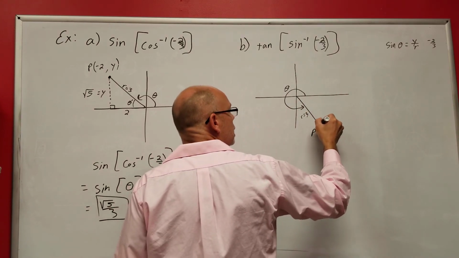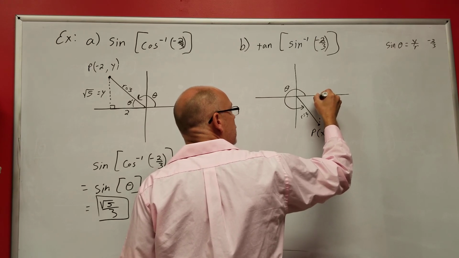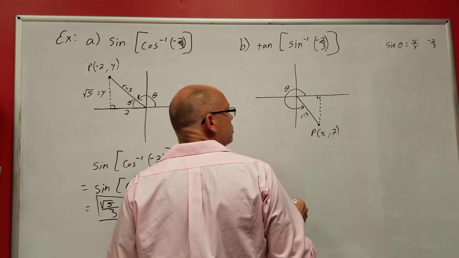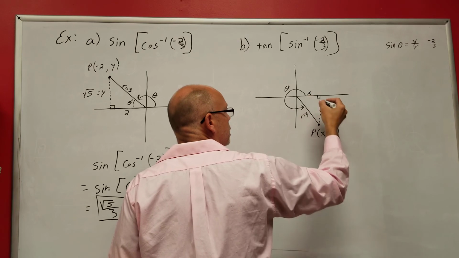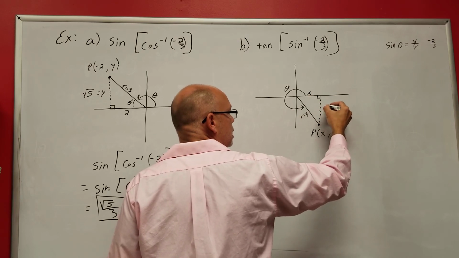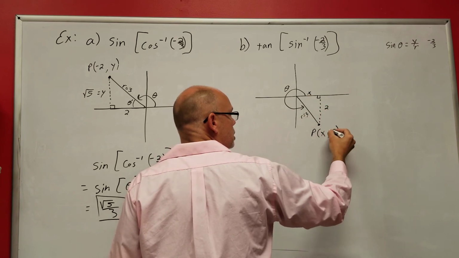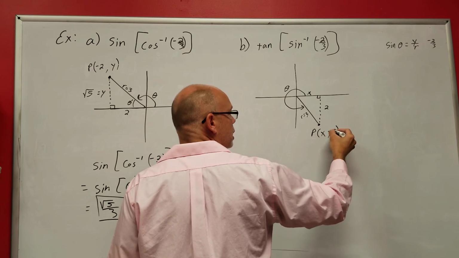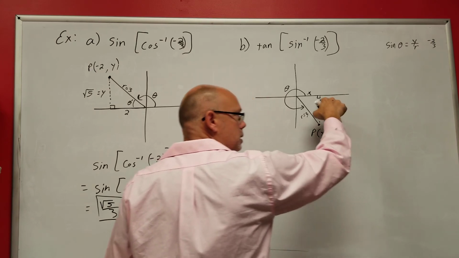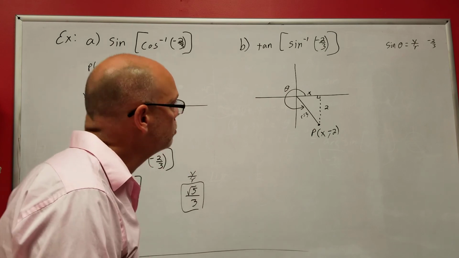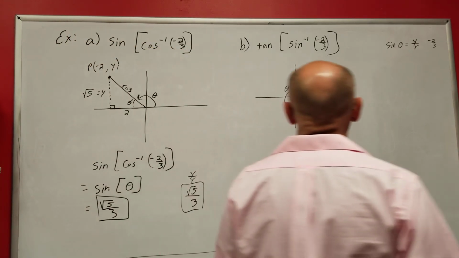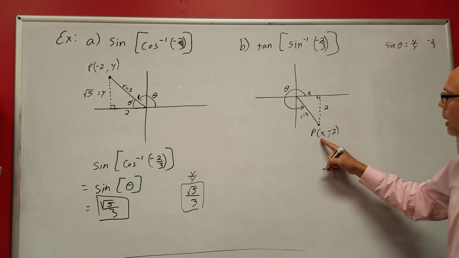Now let me draw a line like this that's perpendicular to the x-axis right here. This is going to be x right here. This side is going to be what? 2? Actually, at this point, I should have -2 right there, right? But if I'm looking at this as the length of a triangle, it's +2. All right, let's see. I need to find out what x is.